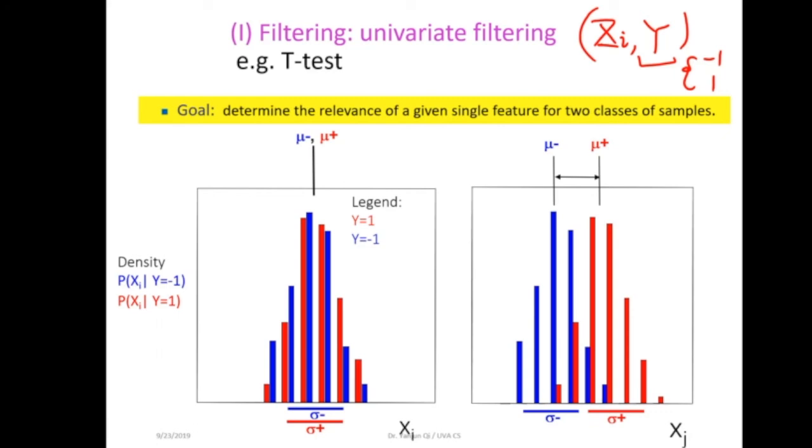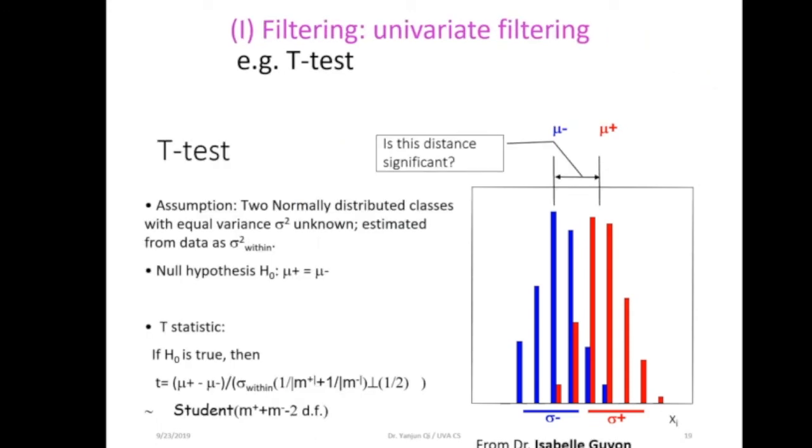And how do you select? Actually, you have to use something called the Student distribution, which I don't want to cover. Hopefully you already learned it in the probability class. So the null hypothesis is that your x feature from class 1 and x feature from class 2 have the same mean, versus their means are not the same.